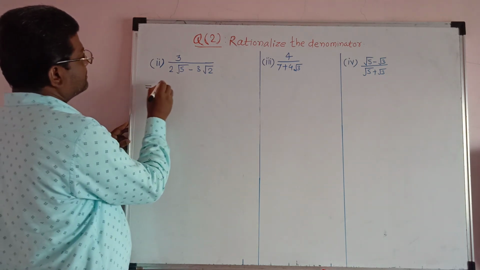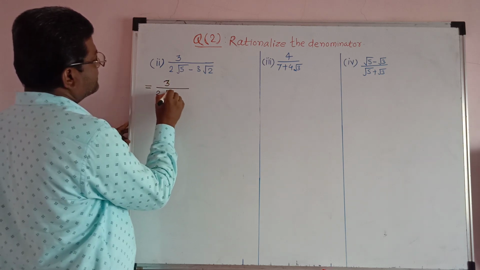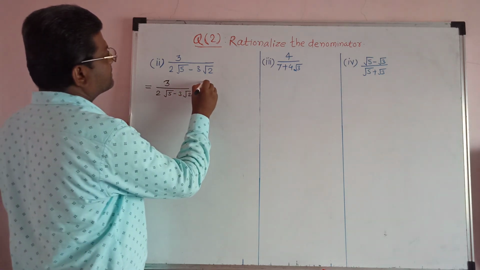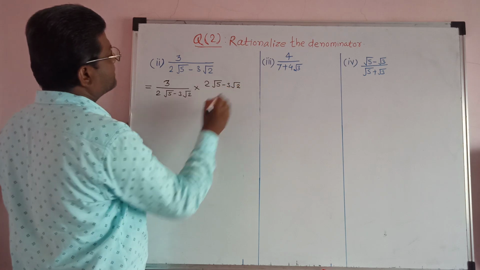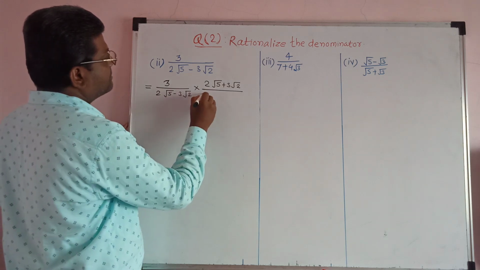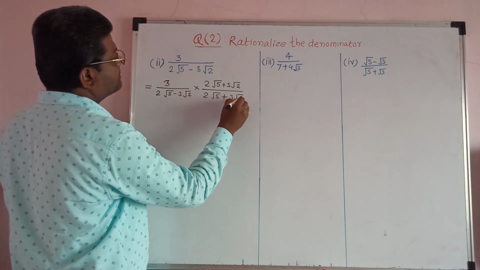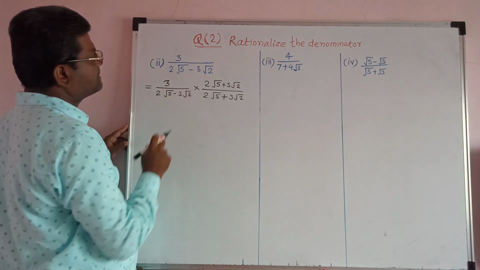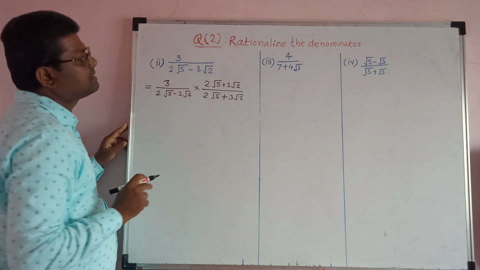So we have to write here 3 upon 2√5 − 3√2. Multiply the numerator by 2√5 + 3√2, and also multiply the denominator by 2√5 + 3√2, because 2√5 − 3√2 has a conjugate of 2√5 + 3√2.